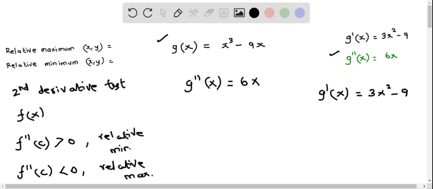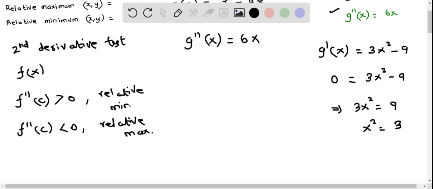So 0 equals 3x squared minus 9, which implies 3x squared equals 9 when we add 9 to both sides. That is x squared equals 3 when we divide both sides by 3, and we take the square root to determine x, that is x equals plus or minus root 3.